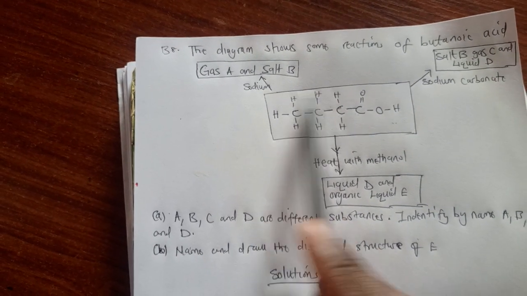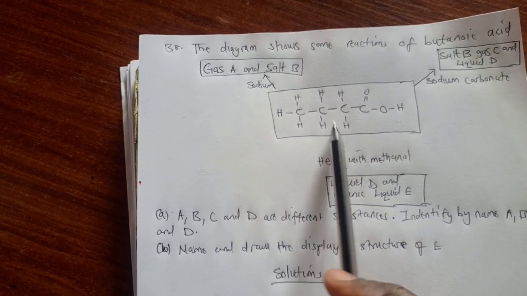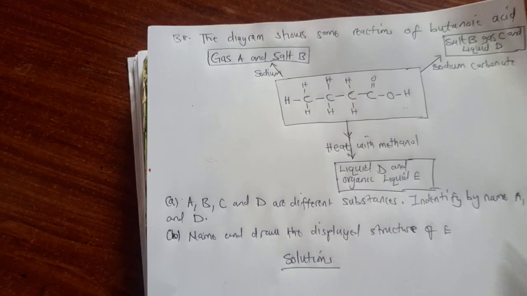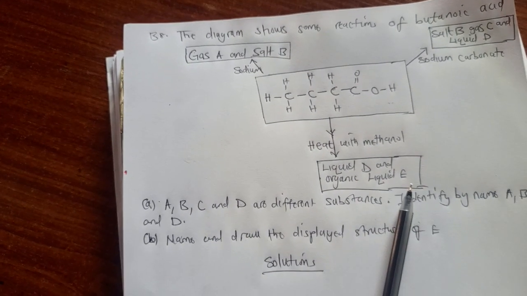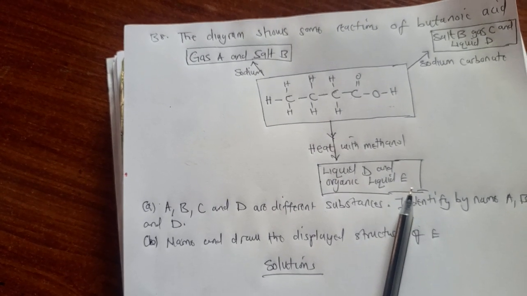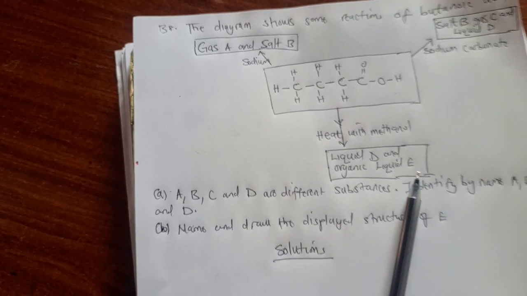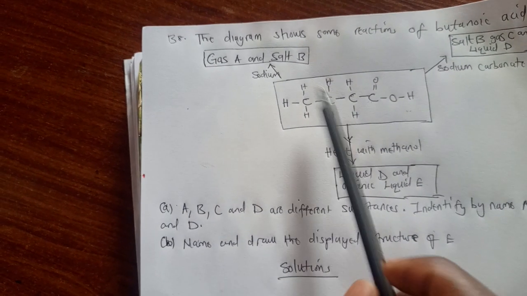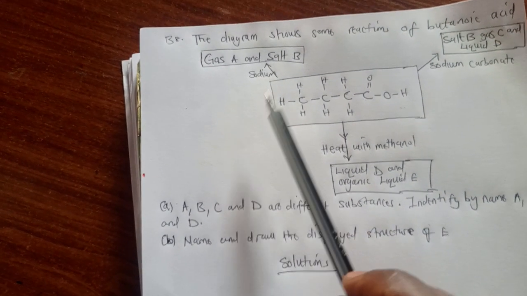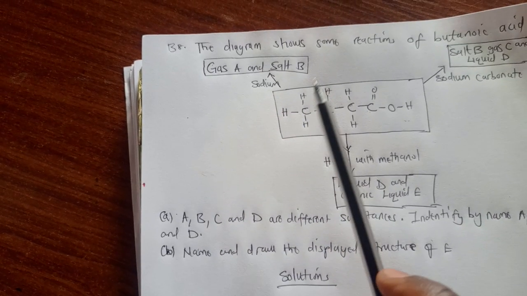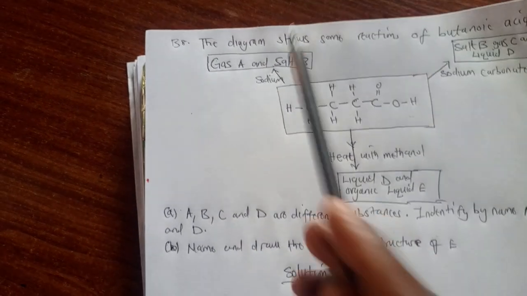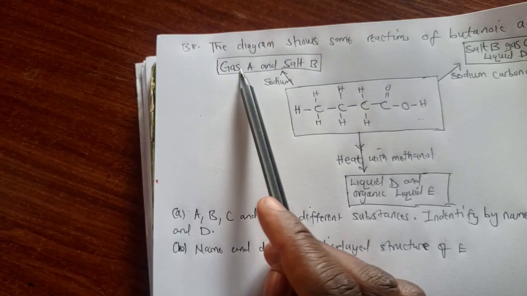A general property of acids is that when an acid reacts with a metal, it produces a salt and hydrogen gas. So here we have a salt and a gas.